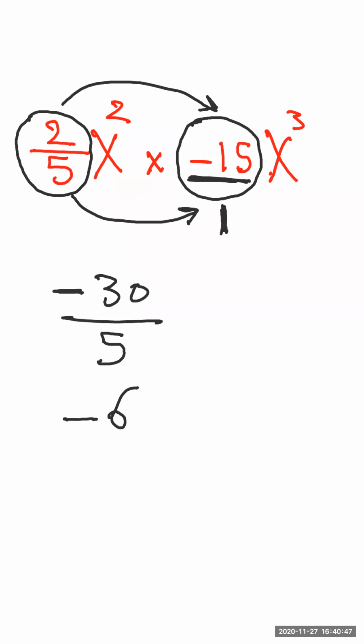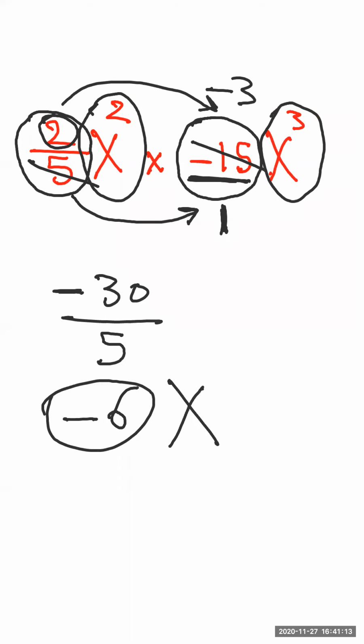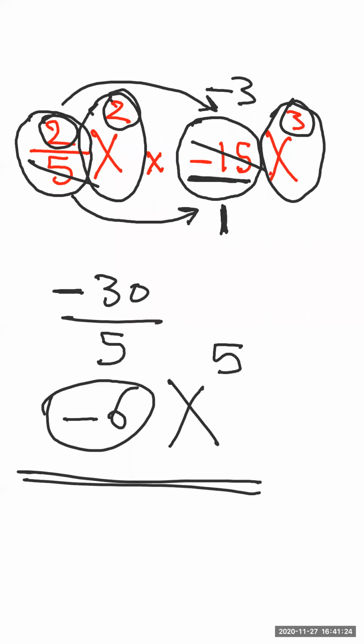Or otherwise, I can simplify first: negative 15 divided by 5 means negative 3, and negative 3 times 2 means negative 6 also. So I have the two options. Then the next point, x power 2 times x power 3, same base. So it will equal x, then add the powers, 2 plus 3 means 5. That's it. So it will equal negative 6x to the power of 5.